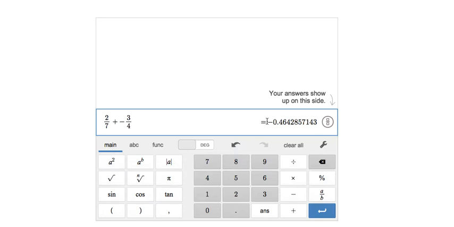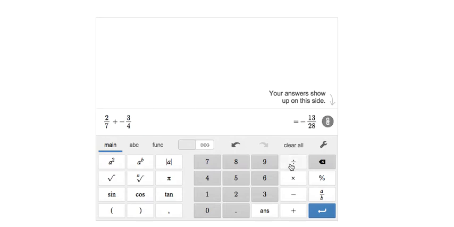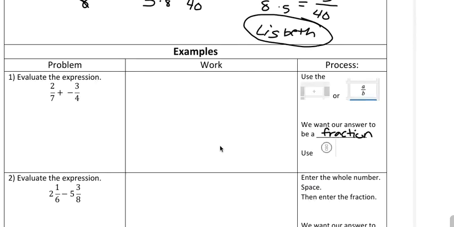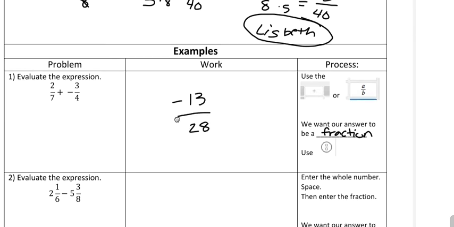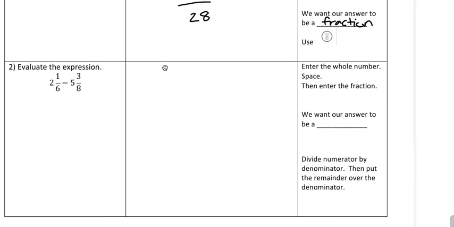Okay, and it shows us a decimal. I don't want a decimal though because I had fraction problems, so I want my answer to be a fraction, so I can click this button right here. If I click that, it tells me my answer, -13/28. So my answer is -13/28. Done.